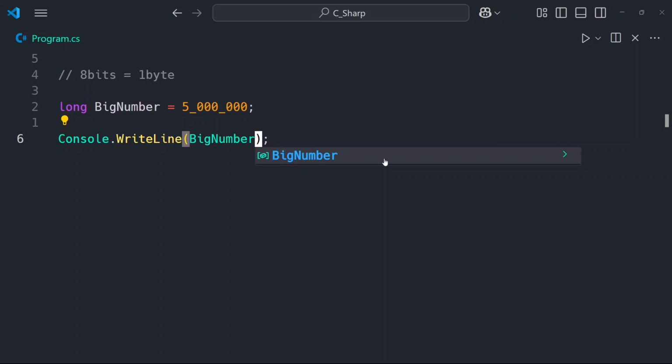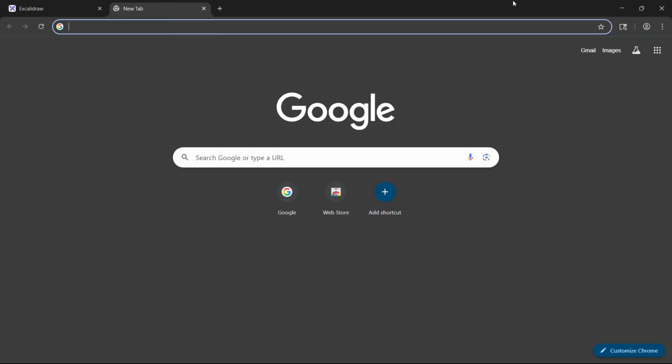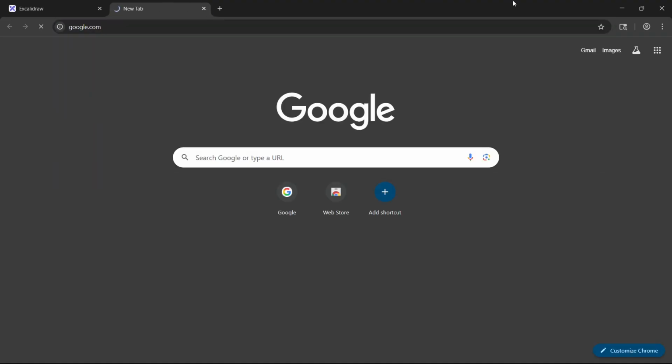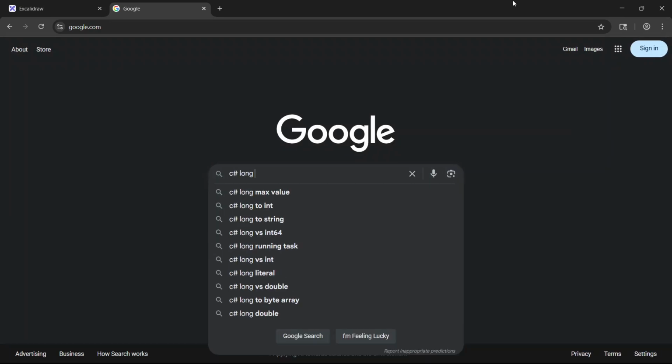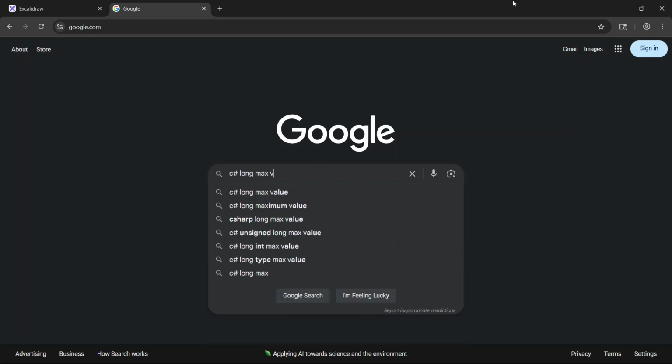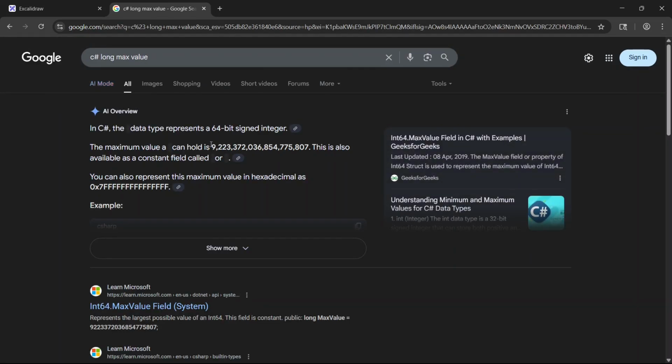So he holds the biggest numbers. I think it's like 4 billion. Huh? We can actually Google it. I don't memorize all this. Max value. Oh, wow.